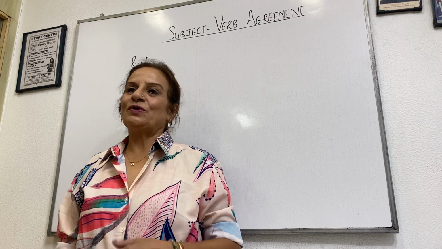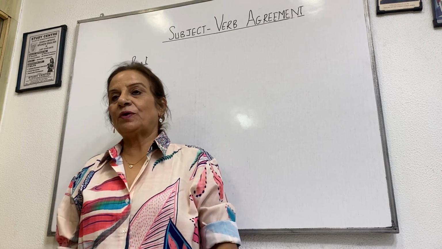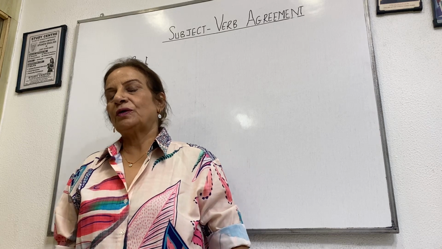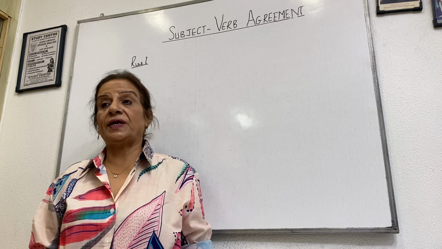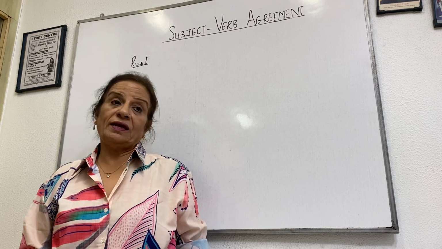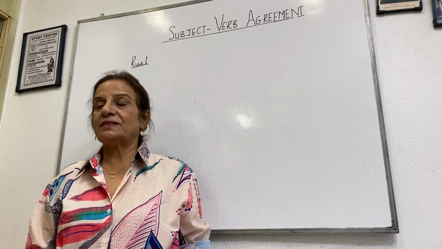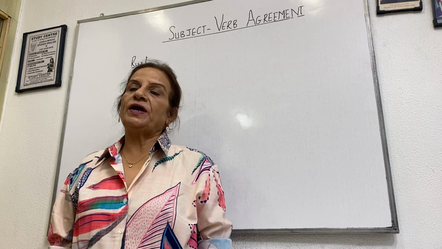So, today I'm going to tell you a new topic, and it is very important for speaking correct English, writing correct English, and also spotting the error. In sentences you have editing, spotting the error, so you find the error.